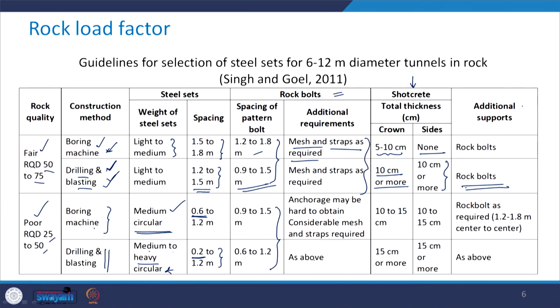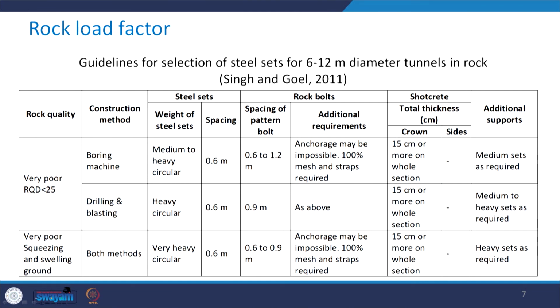Now, in this case, the additional requirement for both these situations remain the same, that is that anchorage may be hard to obtain, and therefore considerable mesh and straps are needed. Similar guideline is given for the shotcreting, and the additional supports in the form of rock bolts are needed, with the spacing of the rock bolts as 1.2 to 1.8 meter center to center.